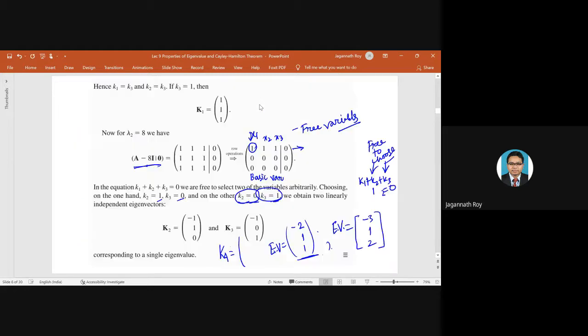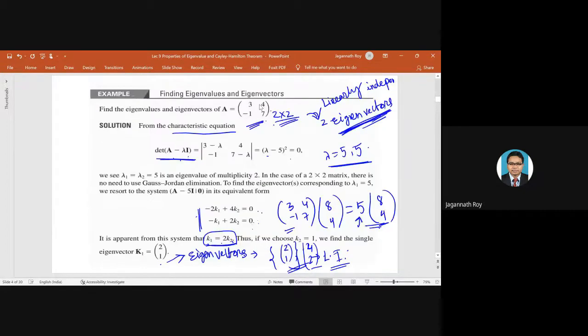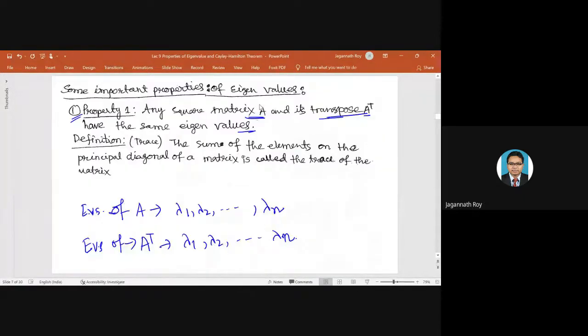Now, to verify this result, take this simple example, 3, 4 and -1, 7. So that is our A matrix. What will be A transpose? A transpose will be 3, -1, 4, 7.